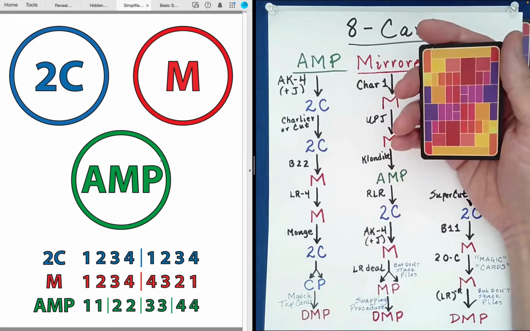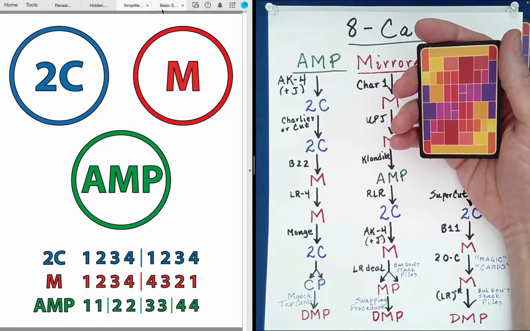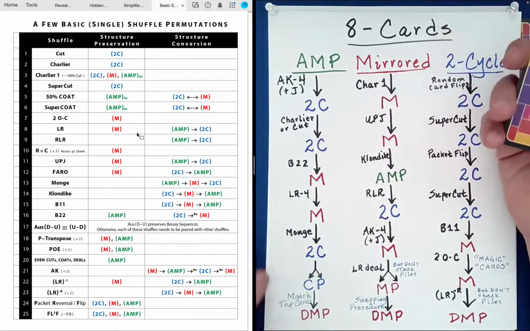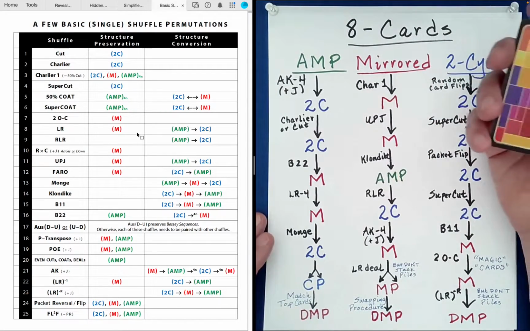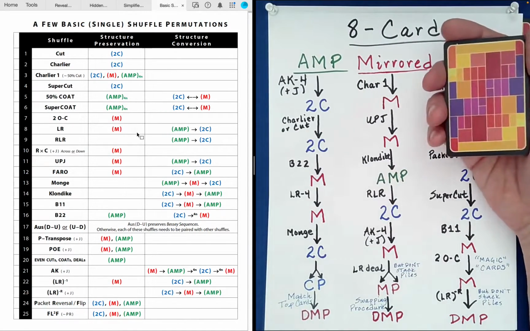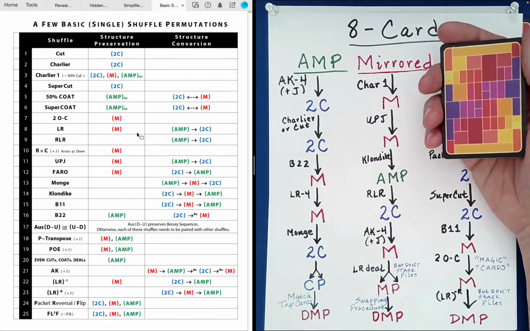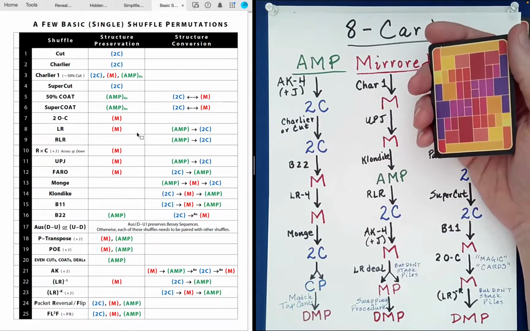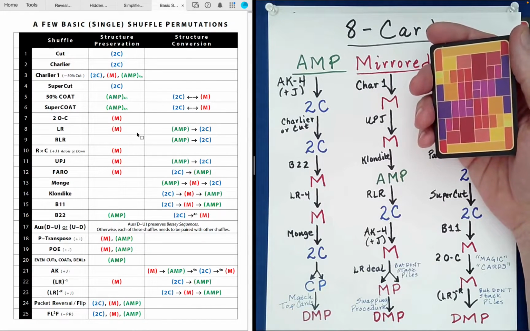So that's what we're going to do. And like I said, that's one that you can almost just see in your mind's eye that it's doing what it's doing. Something like the Klondike taking a 2 cycle to a mirrored structure, that one is difficult to see in your mind's eye. You really do have to check out the mathematics for that.